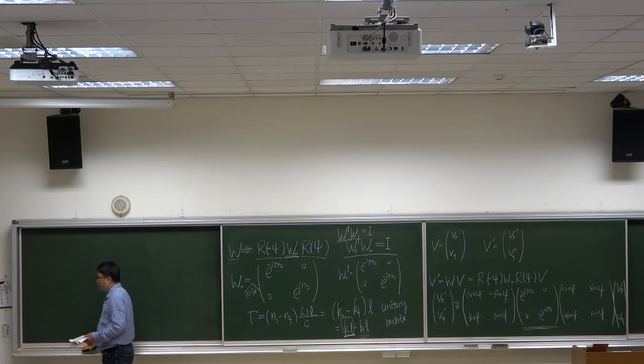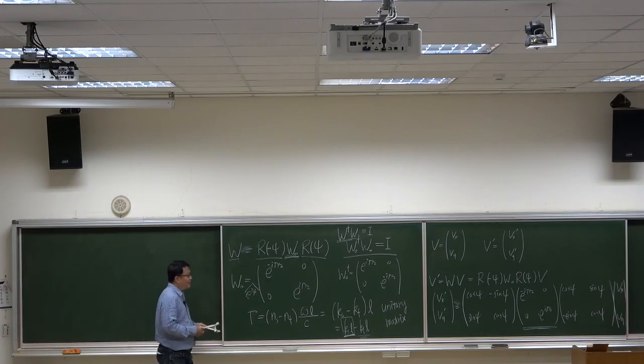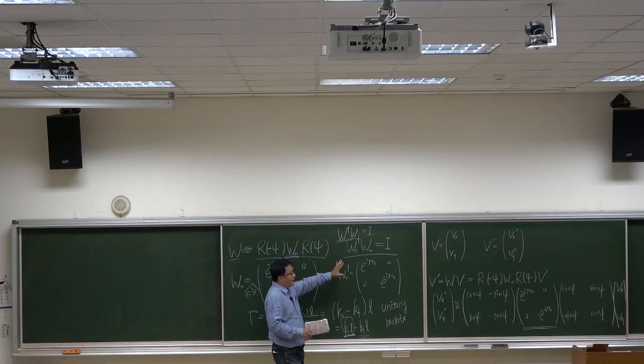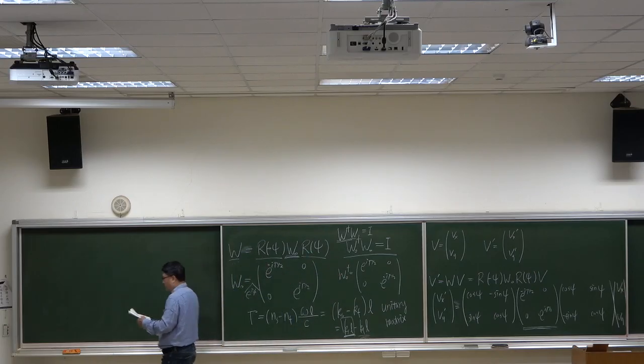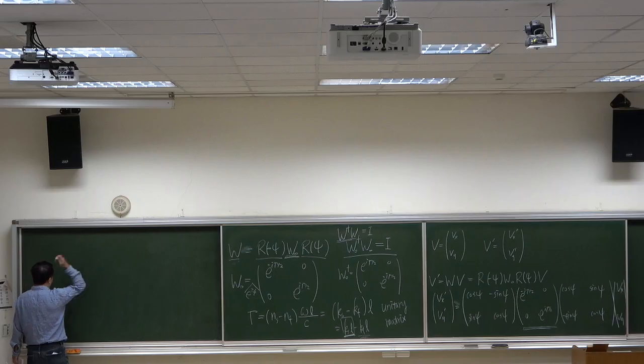The mathematical description of a polarizer is very different from the representation of a wave plate, because a polarizer filters out the useless component of the wave. For example, we have a polarizer like this.